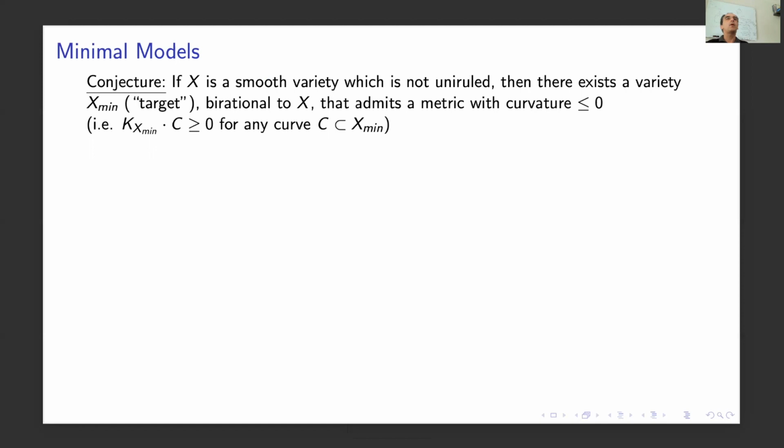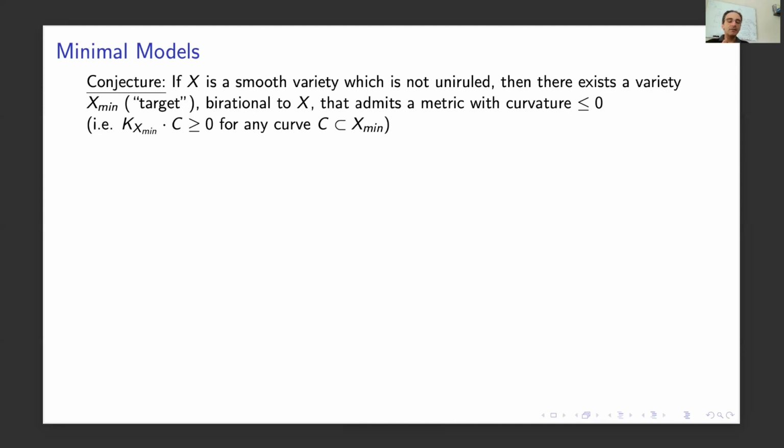So it's not one that we are considering just now, which is birational to something which admits a Mori fiber space. Can we always find a target inside the birational class of X? In other words, a variety which does not admit any more rational curves starting from it, and in particular admits a metric with curvature less than 0.